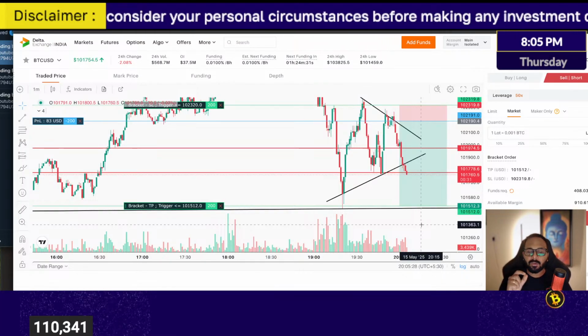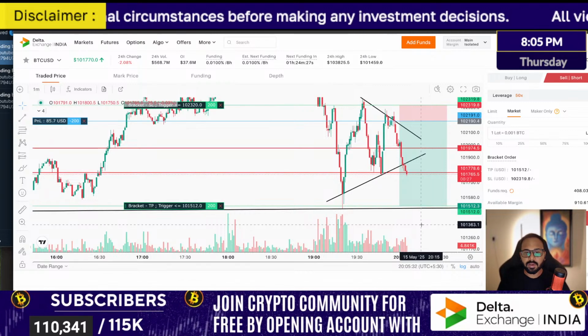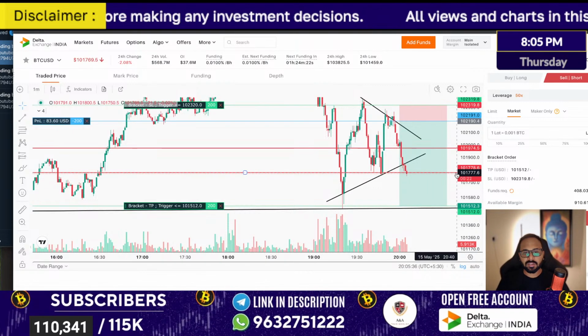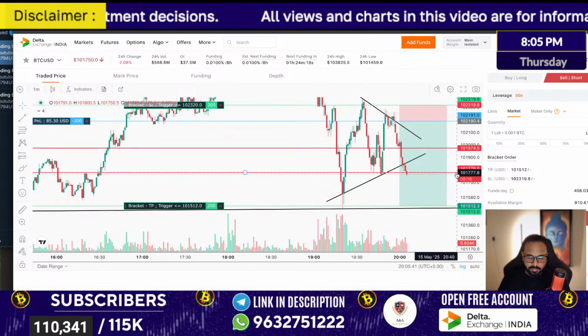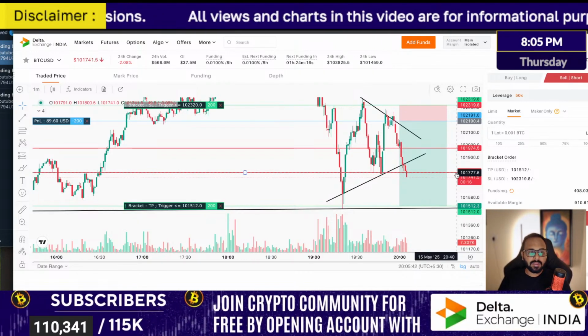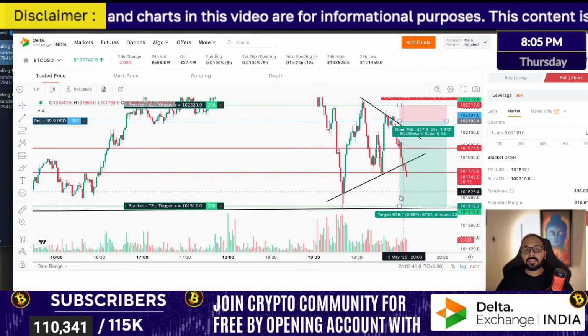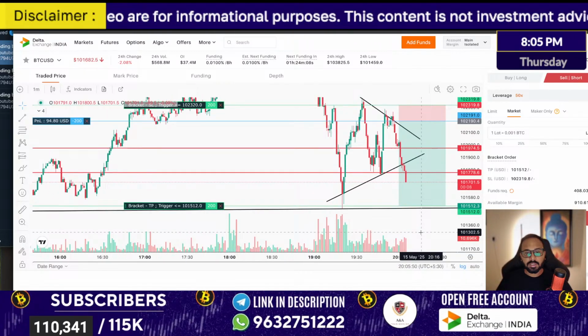See, the spot chart is the same for everyone, but when it comes to the futures chart, there might be slight changes in XNS as well as Delta exchange. That only once or twice I've seen. Since I've not used XNS, I am not having so much clarity about that.